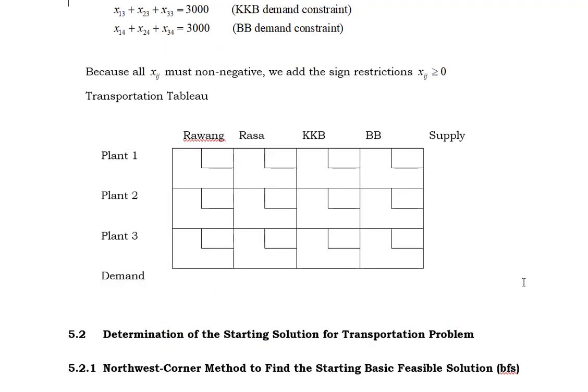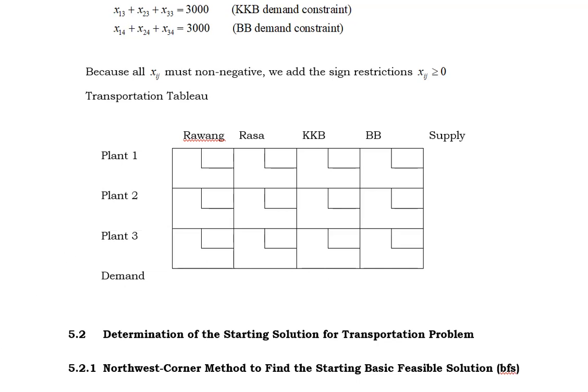A transportation problem is specified by the supply, the demand, and the shipping cost, so the relevant data can be summarized in a transportation tableau. The cell in row i and column j of a transportation tableau corresponds to the variable xij.